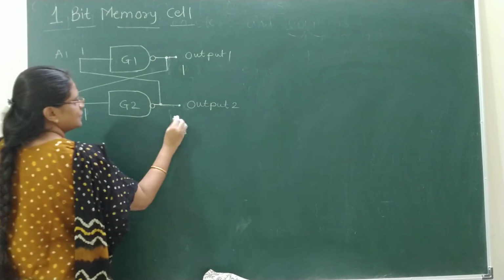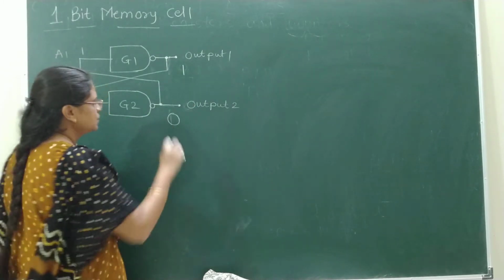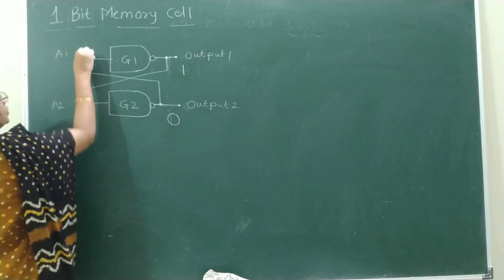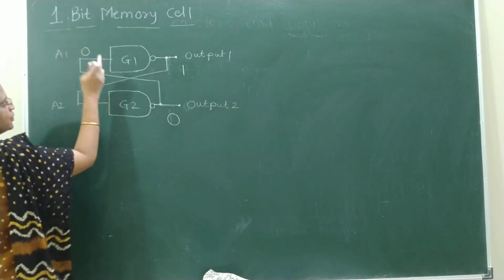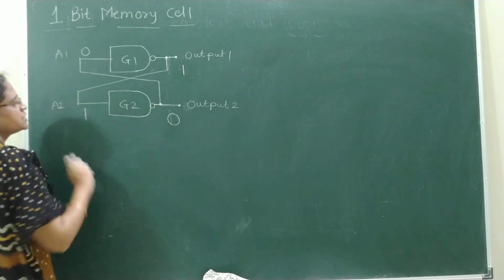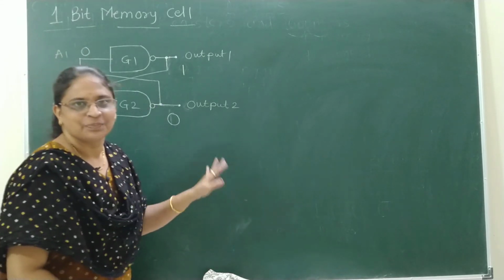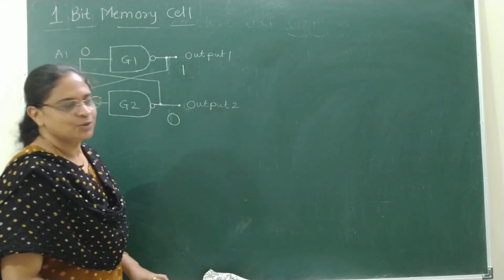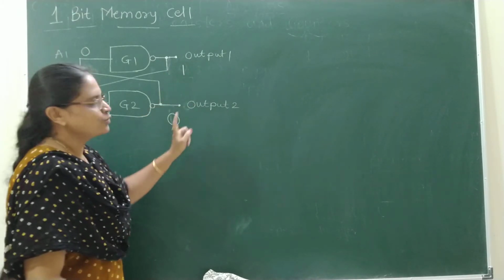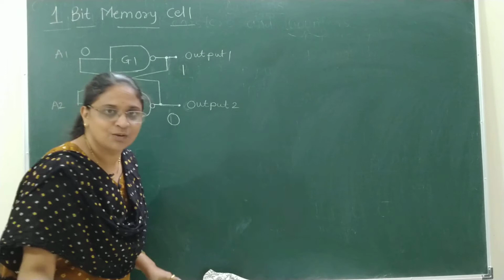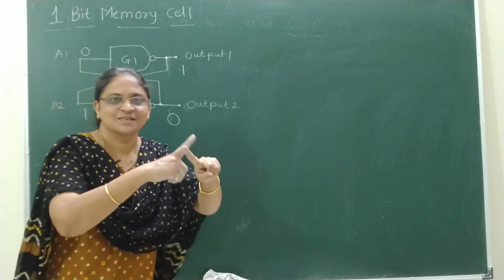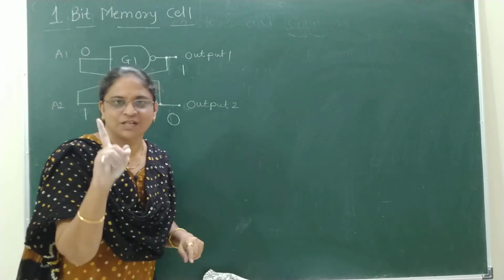It again gets inverted. It becomes 0. 0 again gets fed back. Yes, feedback, here it is. Output is getting connected back to input. So 0 at the input of G1 again results in 1. That is the inverted part. So whenever we consider output 1 as high state, output 2 results as low state. It means these two outputs are always opposite to each other.